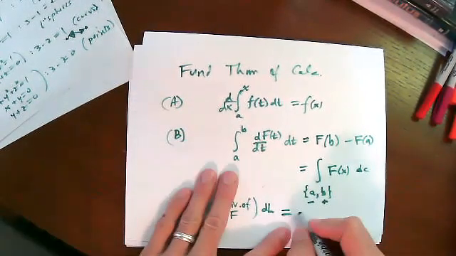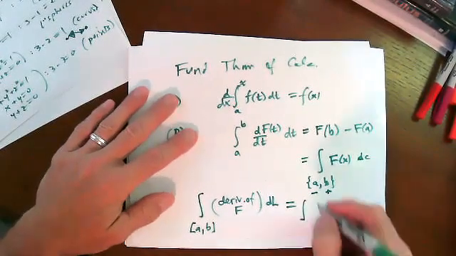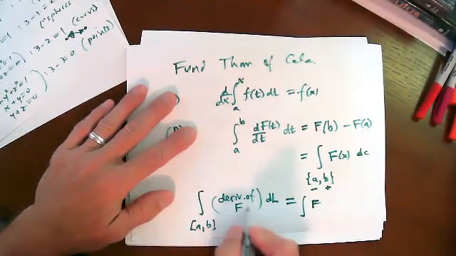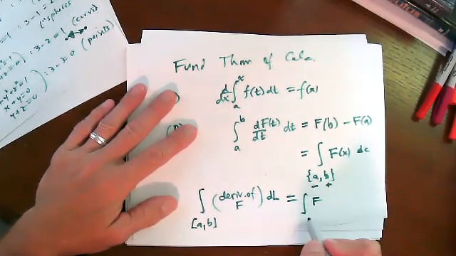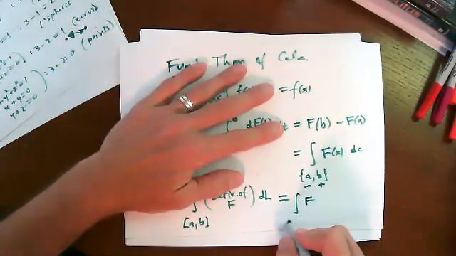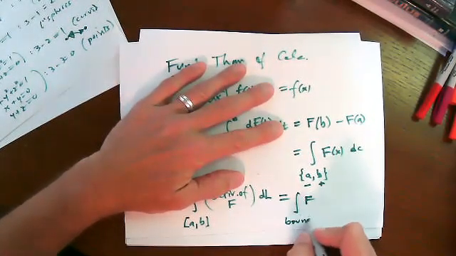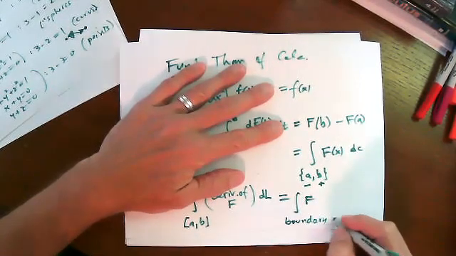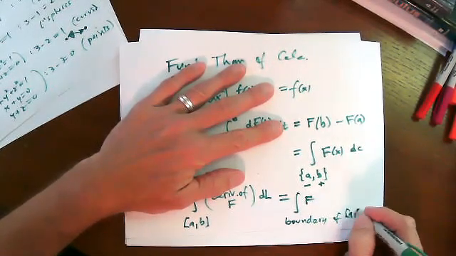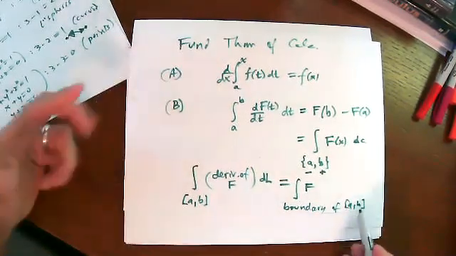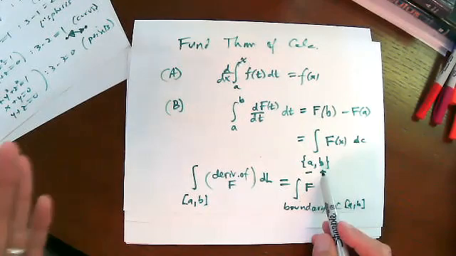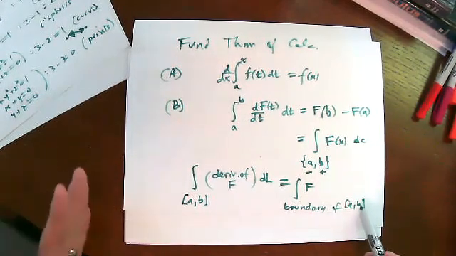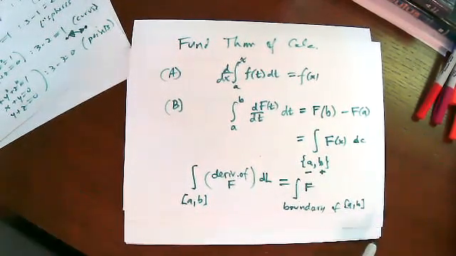Then this can be written as the zero-dimensional integral of the function that you were differentiating on this side, and the zero-dimensional set that you're integrating over on this side is the boundary of the interval. As a set, it's just the two endpoints, but specifically, you take those two endpoints and you assign a positive sign to the right-hand endpoint and a negative sign to the left-hand endpoint.